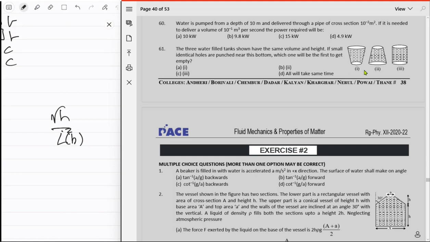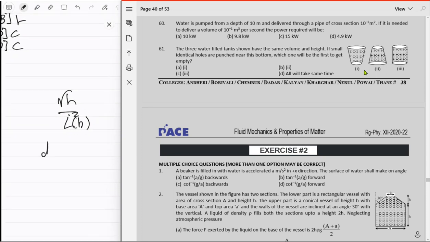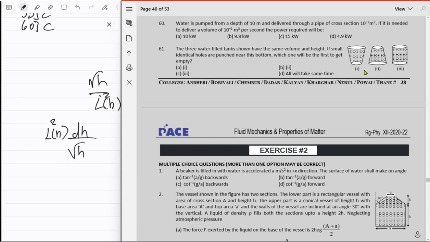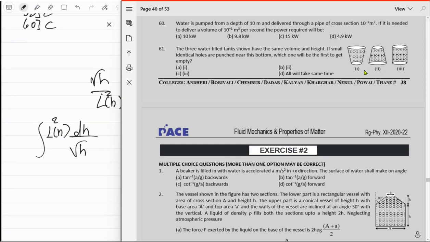It's like dh upon dt and they want to integrate that first to get empty, right? Okay, so dt is proportional to this thing. So really you just want dh upon square root of h times the linear function of h squared, right? Integration of this thing, yeah, that's what we look for. And it's from, of course, h equals 0 to something.